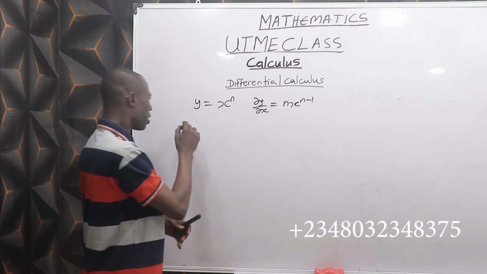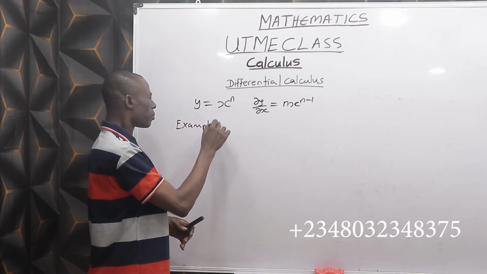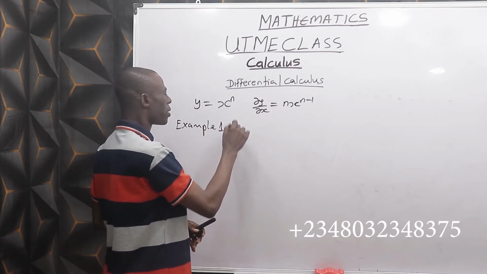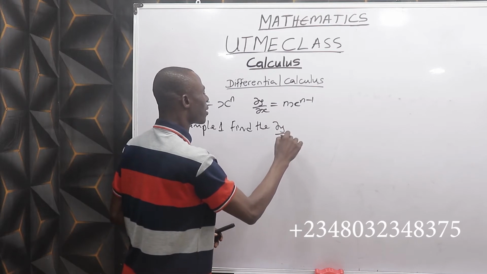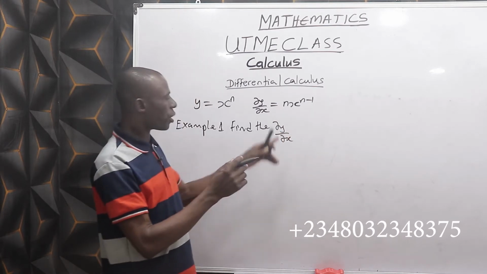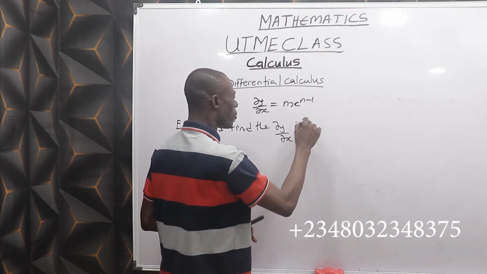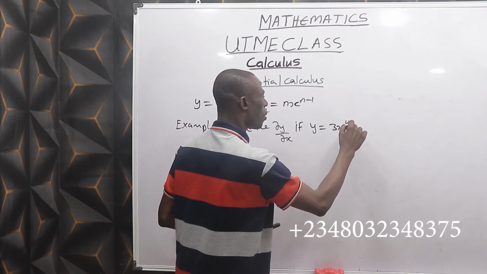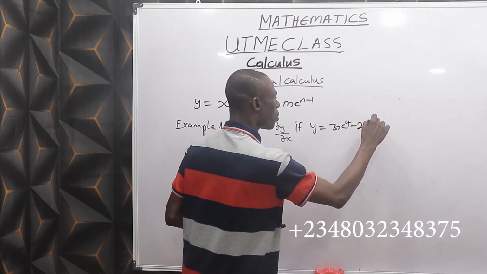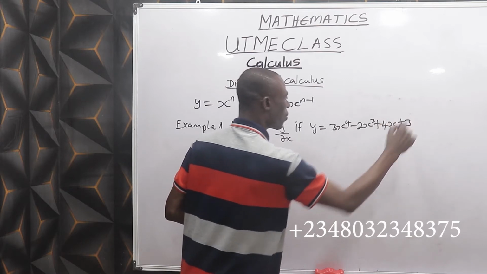Let's consider this example, example 1. Find the dy/dx, that is, the change in y with respect to x, if y is equal to 3x raised to power 4 minus 2x raised to power 3 plus 4x plus 3.